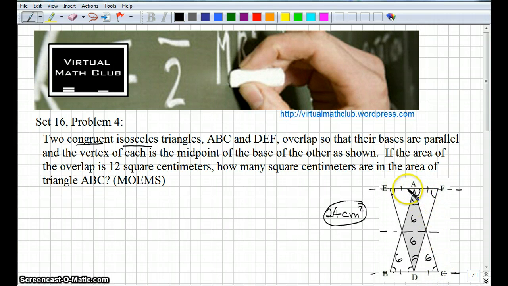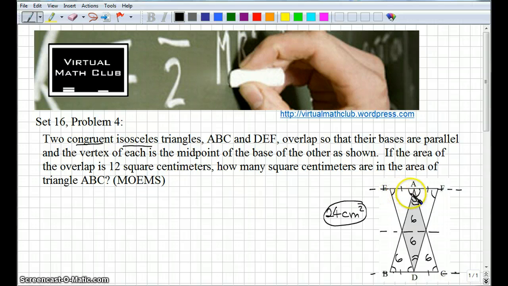And we could also mark this one because AB is intersecting 2 parallel lines. So this angle and this angle down here at B are alternate interior angles, so those have to be the same angle.